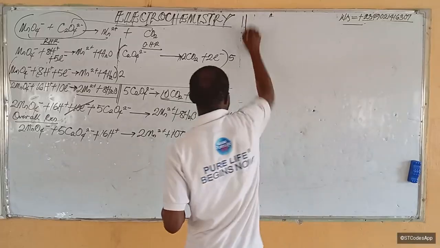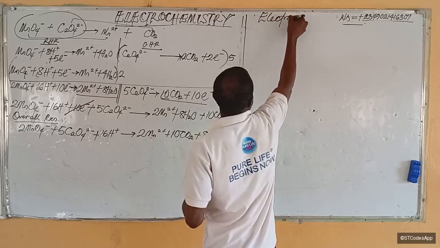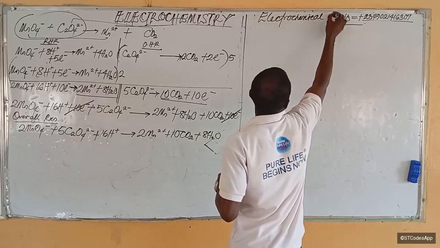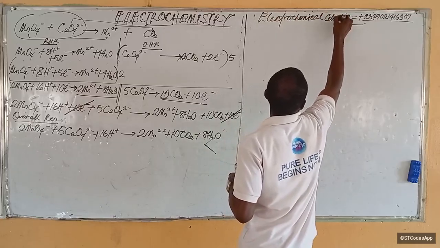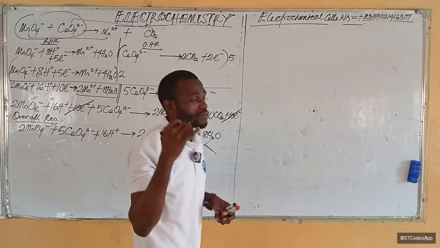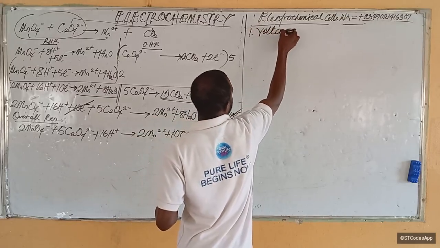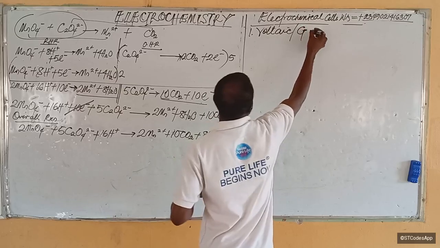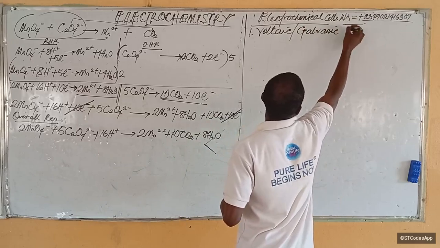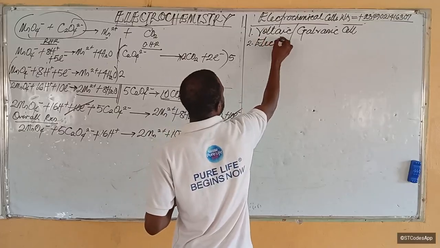Now the first thing: there are two types of electrochemical cells. We have the voltaic or galvanic cell, and we have the electrolytic cell.